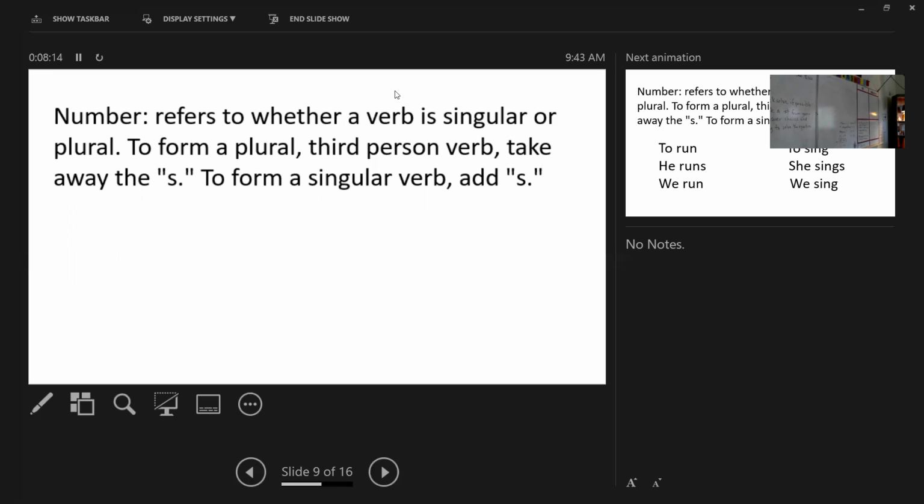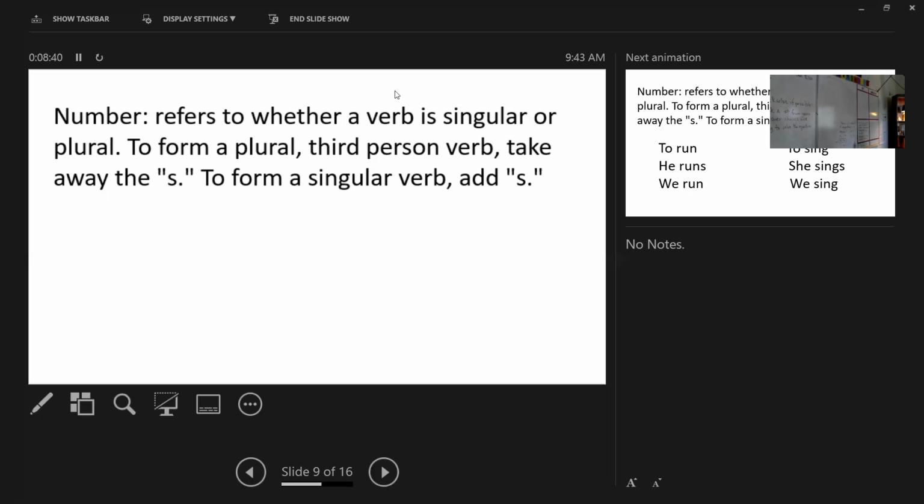Think about it. To make a noun plural, you add S or ES. To make a verb, you do conjugate it, but it's the opposite of the noun rule. So to make a verb singular, you add an S or ES. So for verbs plural, take away the S or ES. Nouns plural, add S or ES.